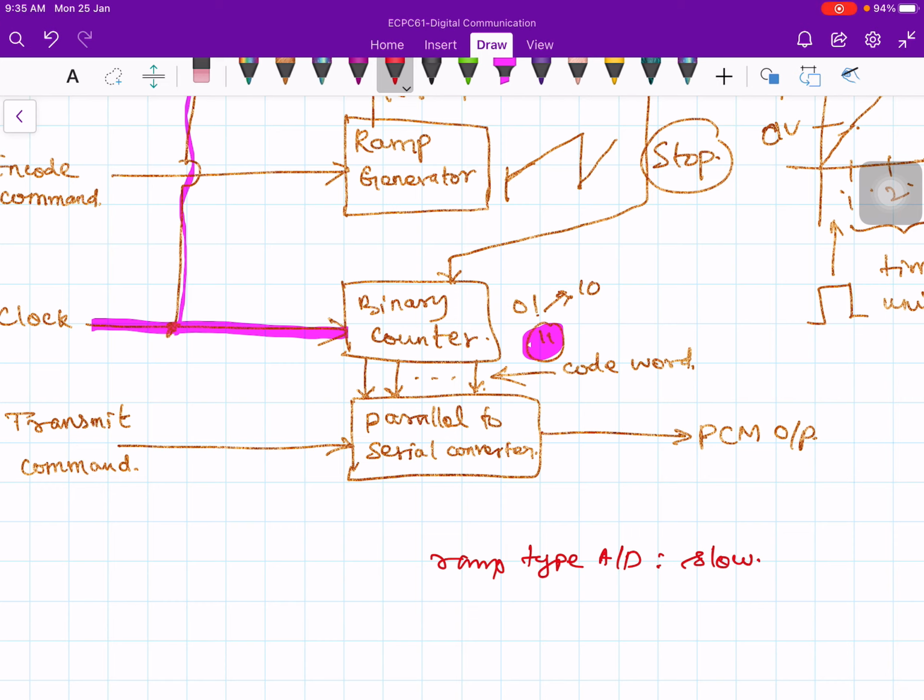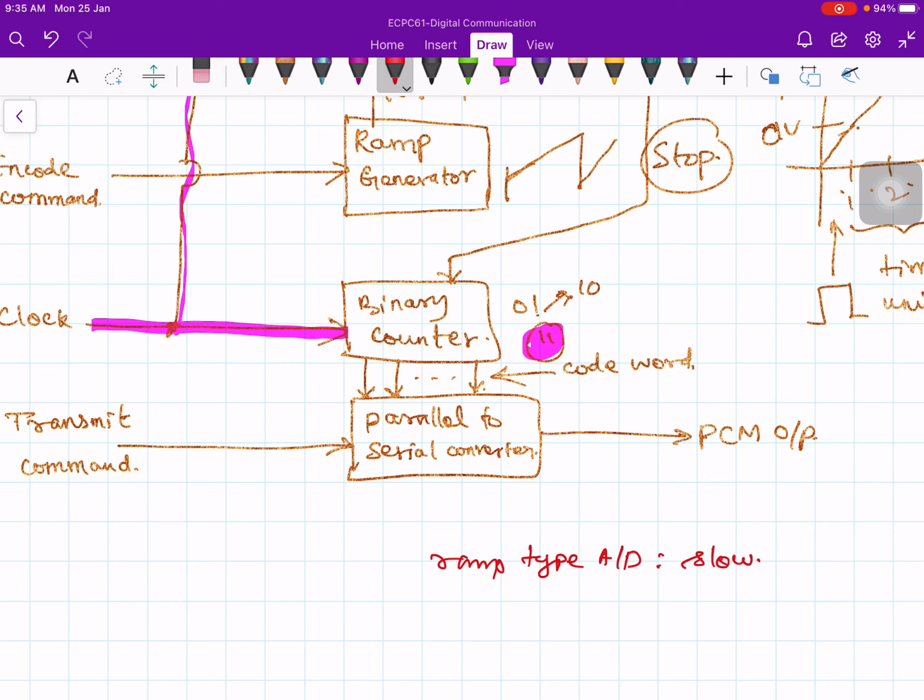If it is a voice signal, this ramp type A to D converter is good enough. You can use it. But if it is a picture signal which you want to quantize at a very fast rate, then maybe you require a very fast A to D converter. In that situation, you may not use this ramp type A to D converter.